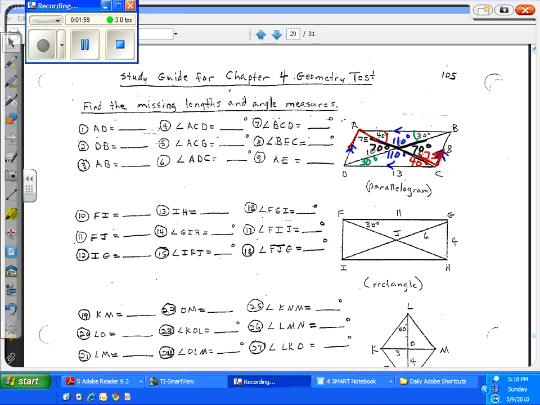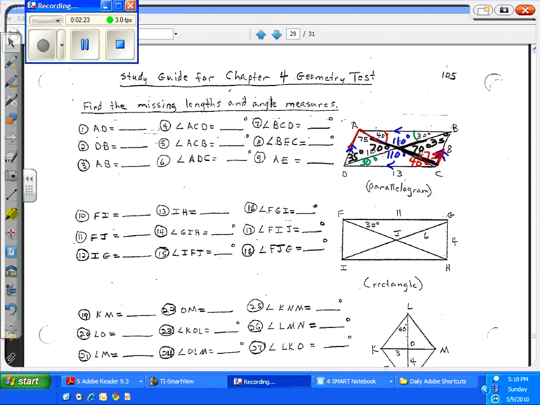The sum of the angles of a triangle is 180. So if we add the 70 here to the 75, we get 145, and 180 minus 145 is 35, so this would be 35 degrees. And the one alternate interior to it, which is this one, is 35 degrees. So we got all the angle measures.